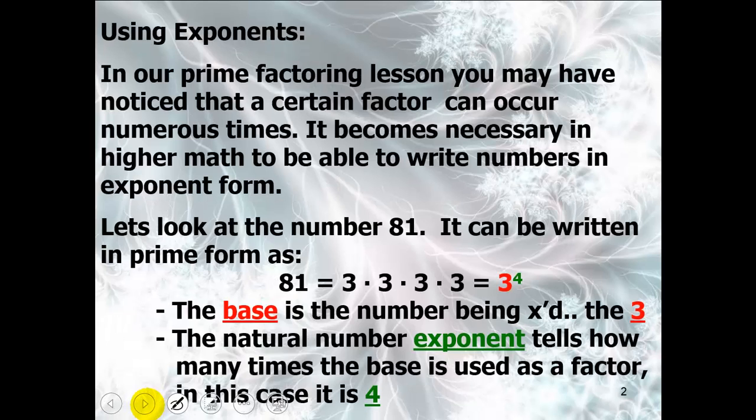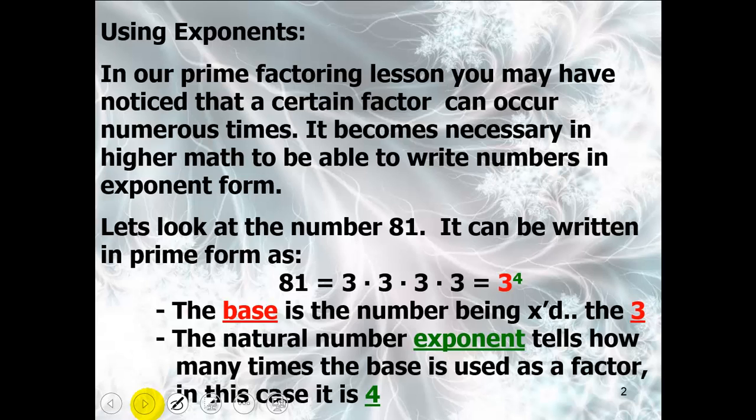Remember in lesson 1.1, we did prime factoring. You may have noticed that certain factors or certain numbers were listed more than once. Maybe numerous times. Well, it often becomes necessary in higher math to be able to write the product of those reoccurring numbers in exponent form.